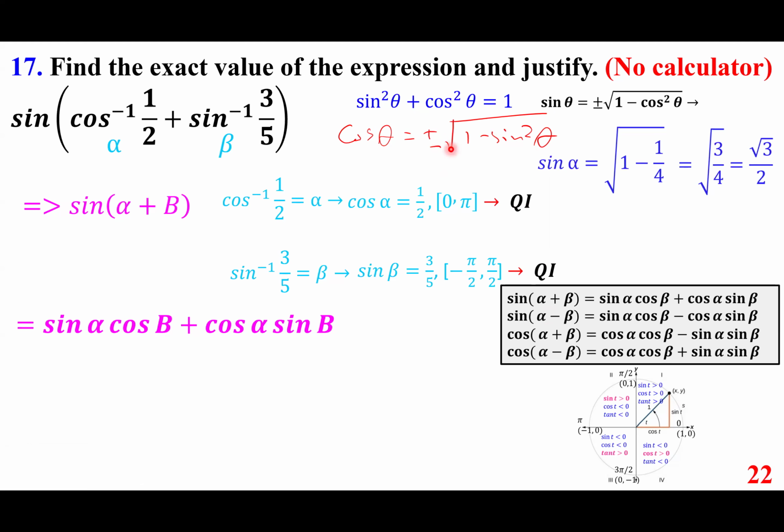So cosine beta is the square root of 1 minus, now raise this to the power of 2, you get 9/25. As you know, this is 25/25 minus 9 is 16/25, which comes out as 4/5.